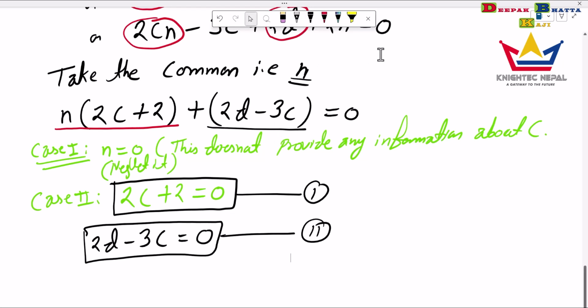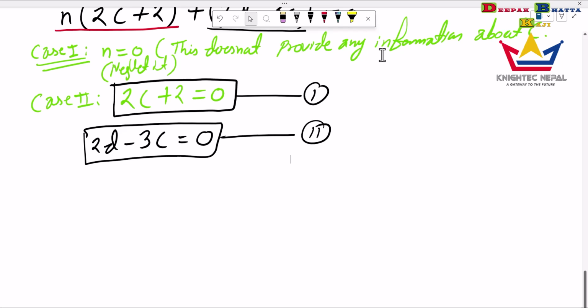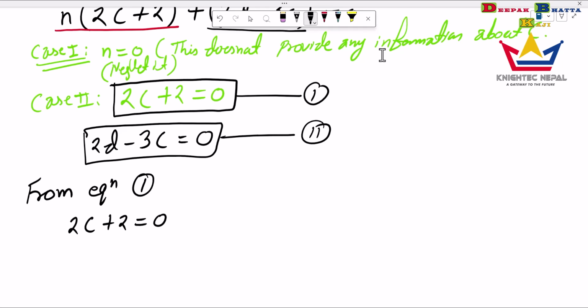So now from equation 1 we have 2C plus 2 equals to 0, right?